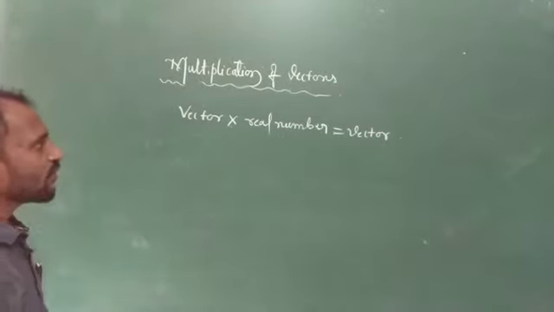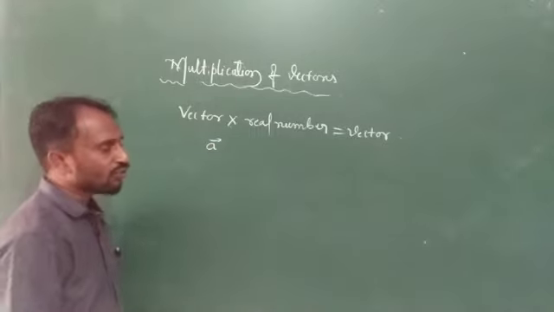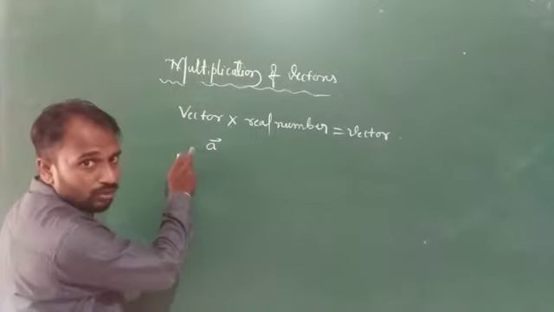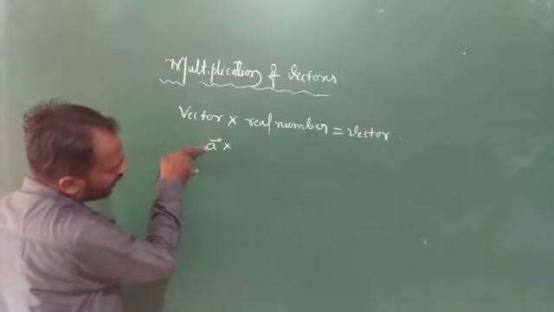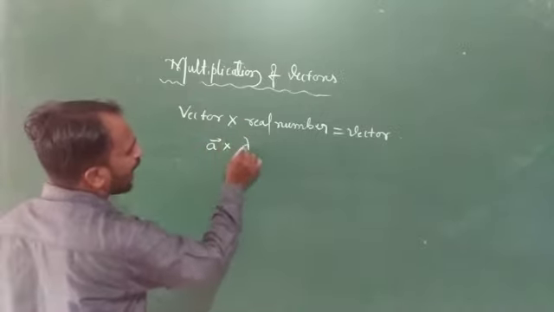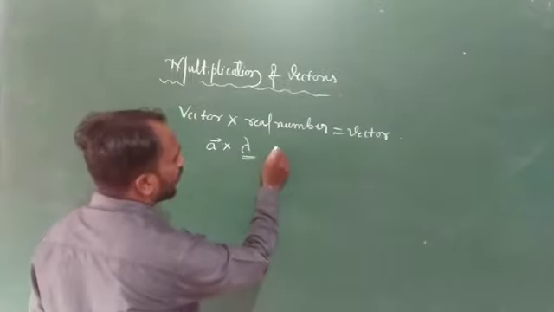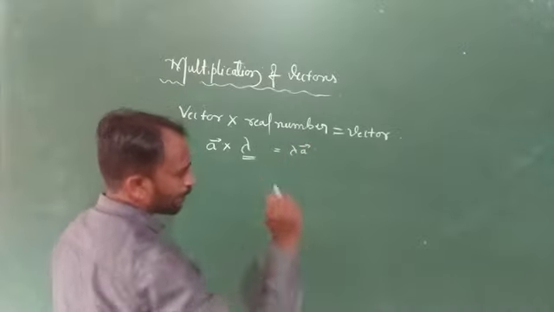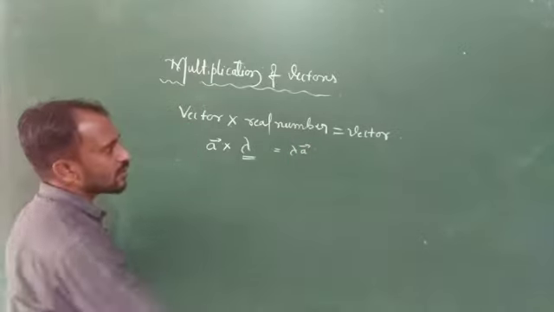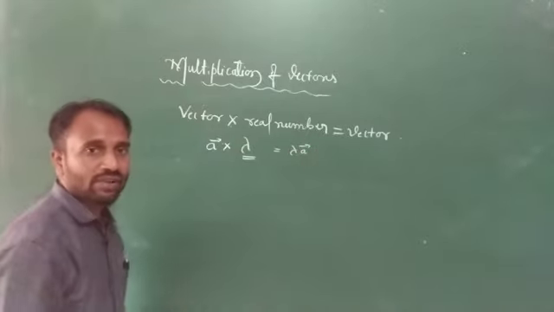So for example, here vector A is a vector quantity. For this reason, vector A multiplied with lambda, where lambda is a real number, gives lambda into vector A. This value is always a vector quantity.